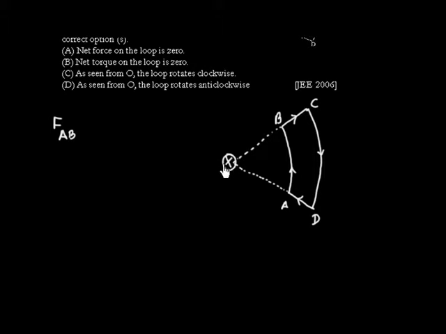What will be this force? You see, due to this wire, what is the direction of B? The current is going inward, so if I want to find the direction of B, B will be in this direction, radially. Are you getting? The magnetic field lines will follow a path of this kind.